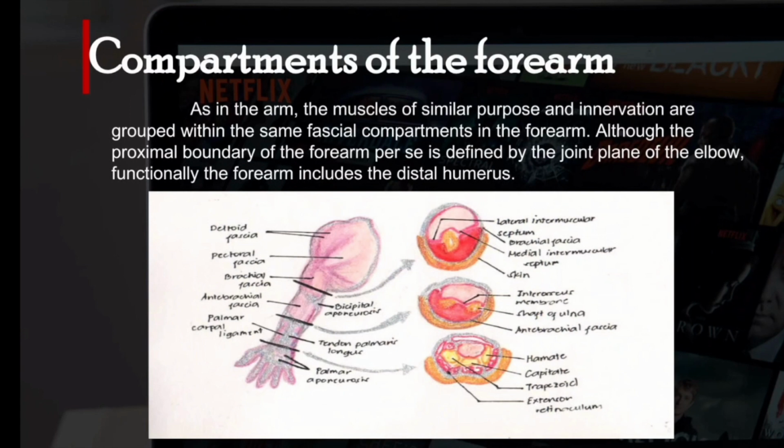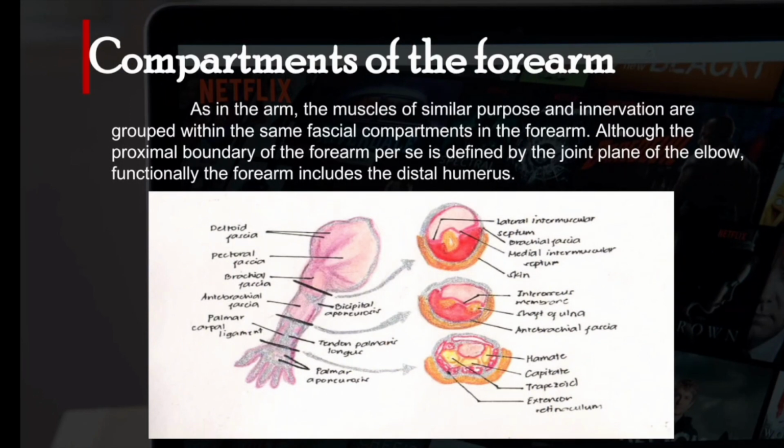The compartments of the forearm are separated by the interosseous membrane found between the radius and ulna in addition to a lateral intermuscular septum. The muscles found in the posterior compartment primarily function to extend the wrist and digits. The muscles are further broken down into deep and superficial groups. The superficial group includes the extensor digitorum communis, extensor digiti minimi, extensor carpi ulnaris, and anconeus.